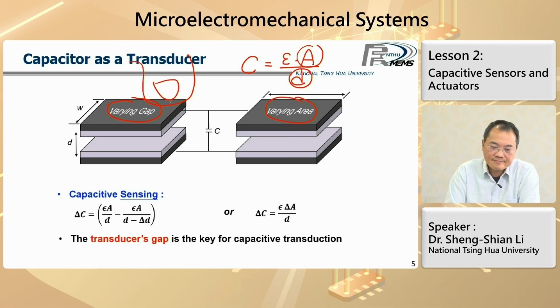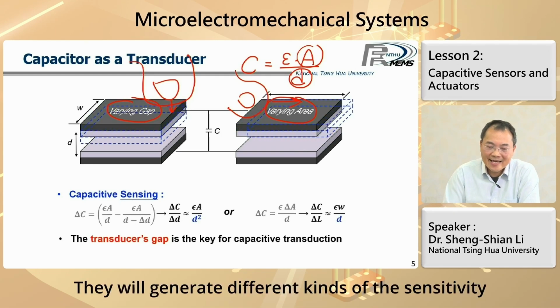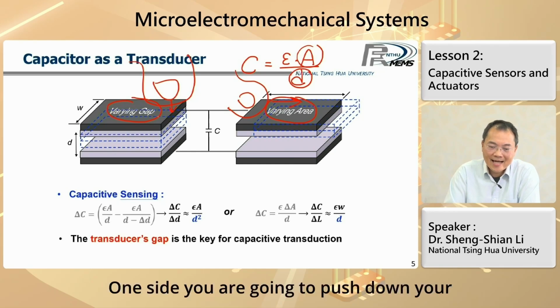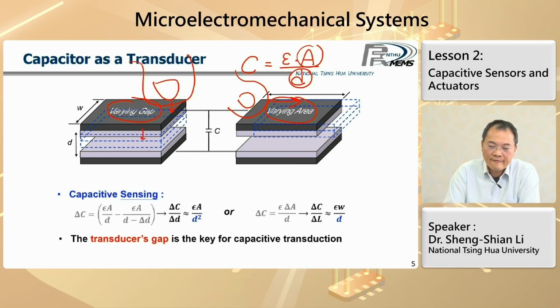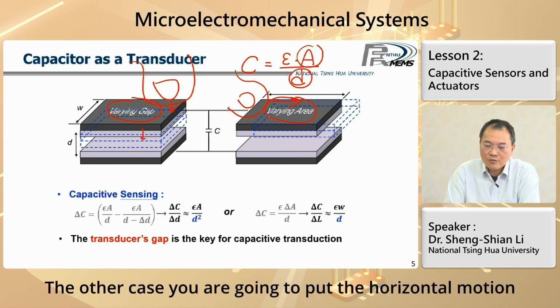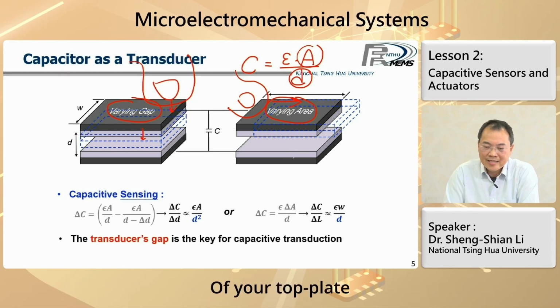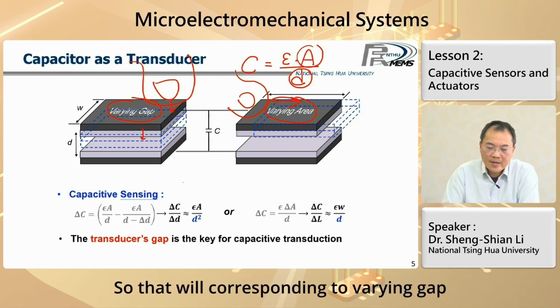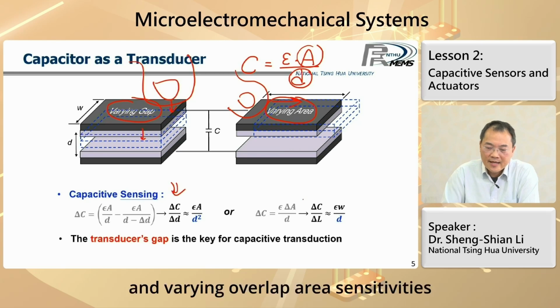You press it down, or you have a finger, you push it to the right. They will generate different kinds of sensitivity. One side, you are going to push down your floating membrane, your floating top electrode. The other case, you are going to have horizontal motion of your top plate. So that will correspond to variant gap and variant overlap area sensitivity.